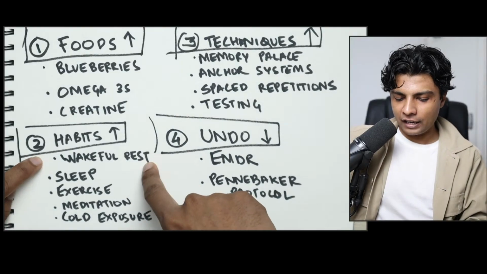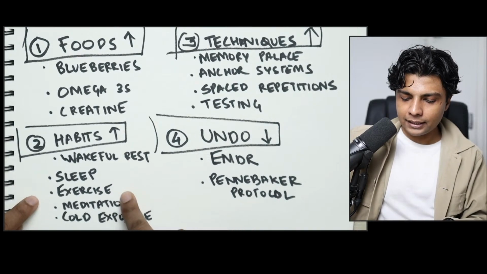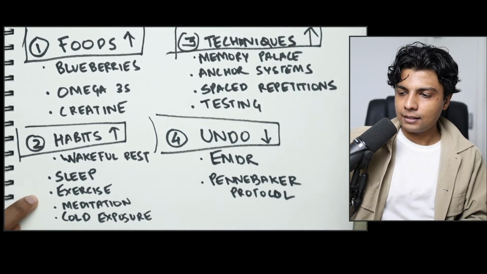Okay. Having talked about wakeful rest and having talked about sleep, the next thing we're going to talk about is exercise. Now, recall in our previous video on the mechanism, I talked about how when mice and even humans are under a little bit of stress after learning things, that stress seems to do a good job of solidifying that memory, increasing short-term performance measured immediately after, and so on.